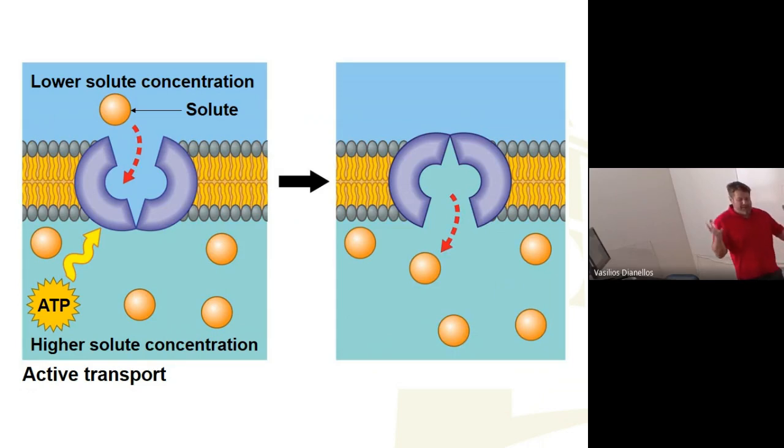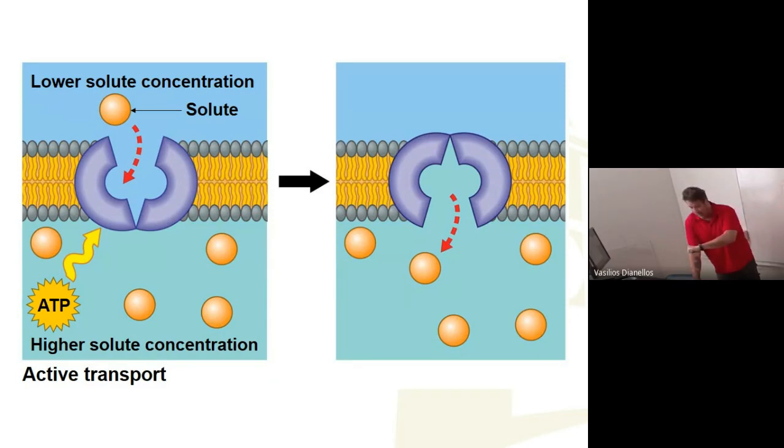So keep that in the back of your mind. We'll talk about it in here. So again, for this portion of the exam, you need to know that active transport requires an input of energy, and it goes against the concentration gradient. So essentially, it's the opposite of passive transport.